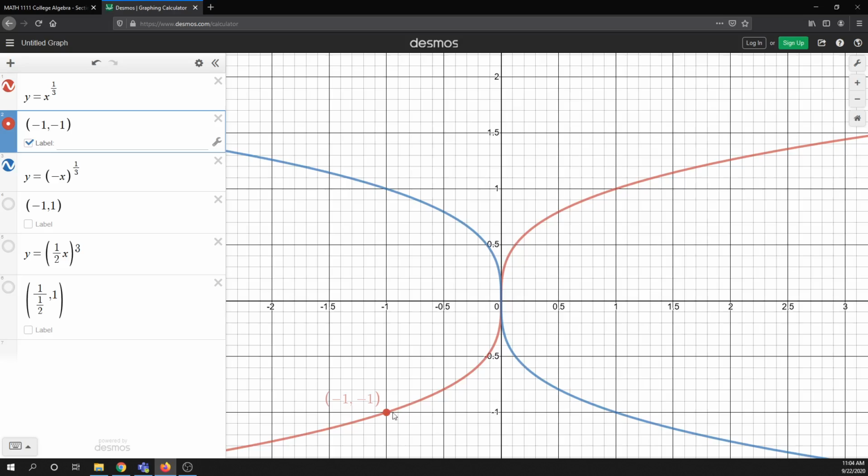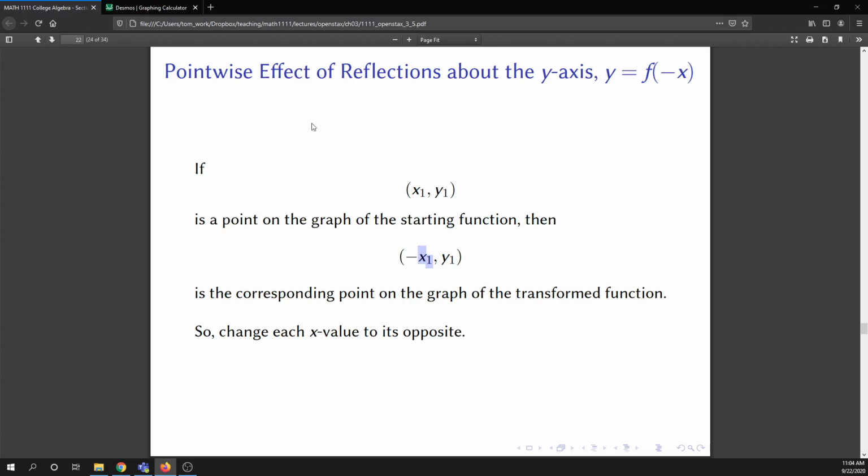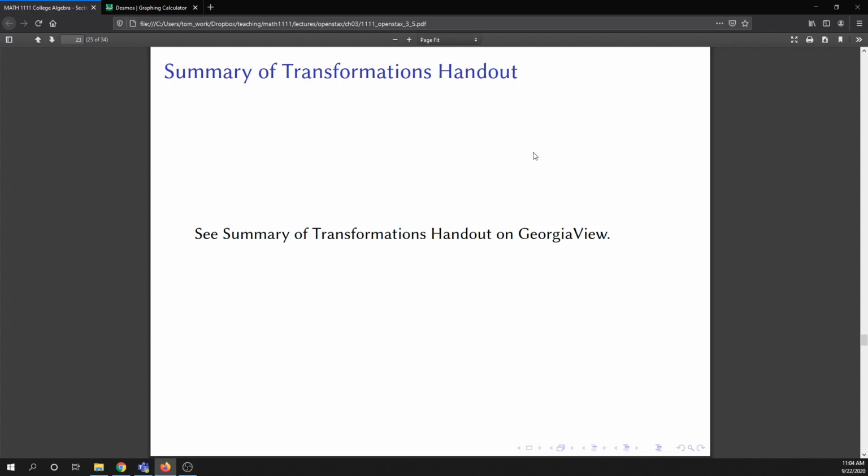To figure out where it gets sent to, I am going to leave the y coordinate alone, so the y coordinate would be the same as the point on the original. And then I'm going to multiply the x coordinate by -1. So -1 times -1 is a +1. It gets shifted over here. Okay, so that's where that point would wind up. All right, so those are all the pointwise effects.